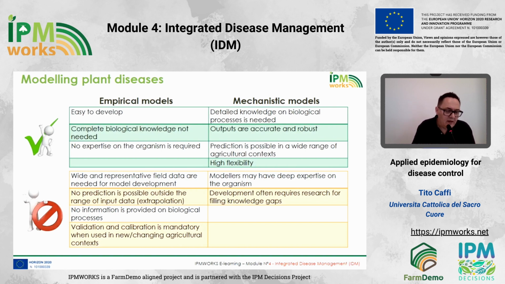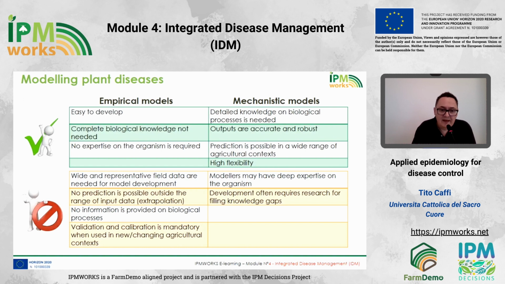In this way, we can say that those models are highly flexible, because we can also obtain predictions from mechanistic models. We can feed the model with, for instance, weather forecasts as an input, and we can obtain some information.